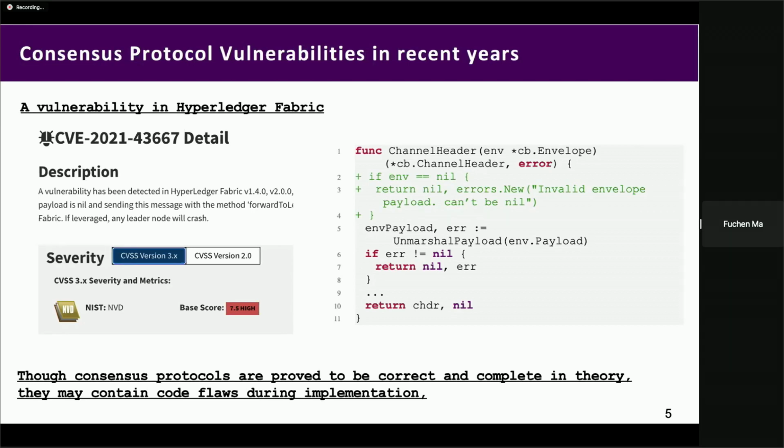This bug is just due to a simple nil-pointer check, as shown in this figure. But if it is leveraged by a compromised node, this vulnerability can lead to a node crash, and thus the blockchain may not process any new transactions.